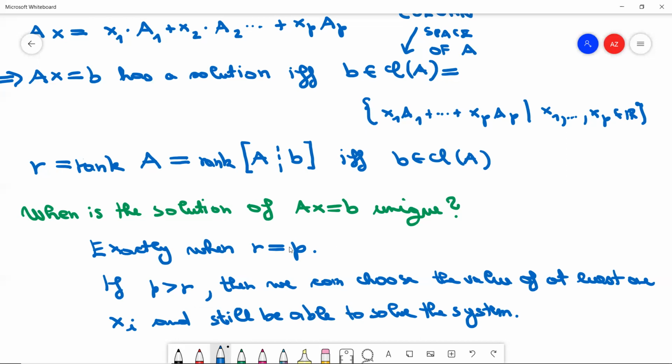But when R is equal to P, then we don't have this freedom. Those parameters are completely determined.